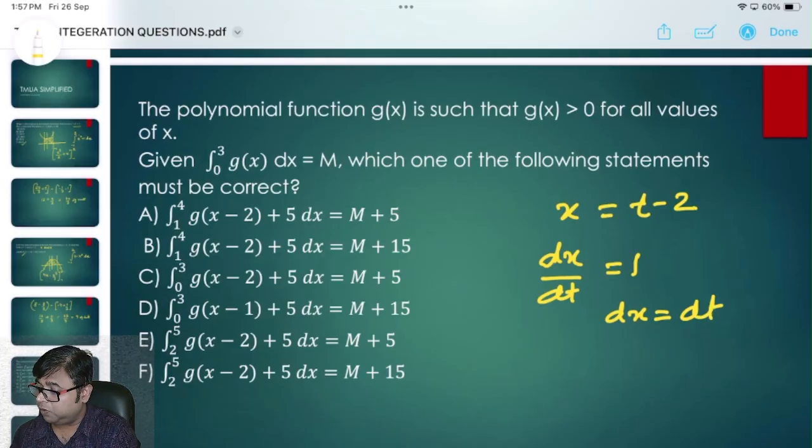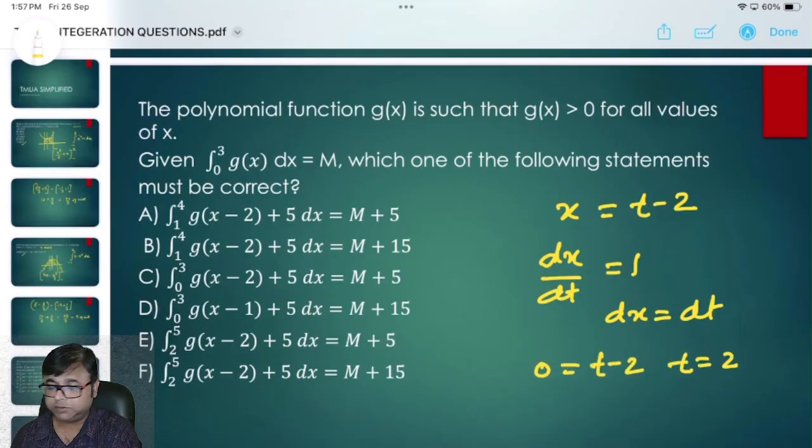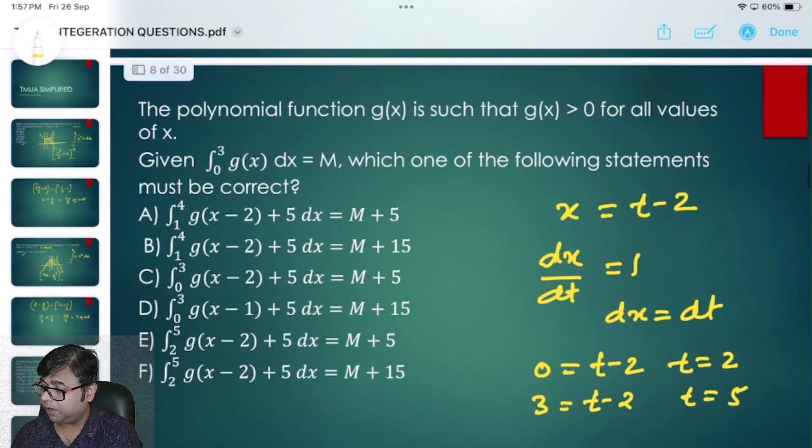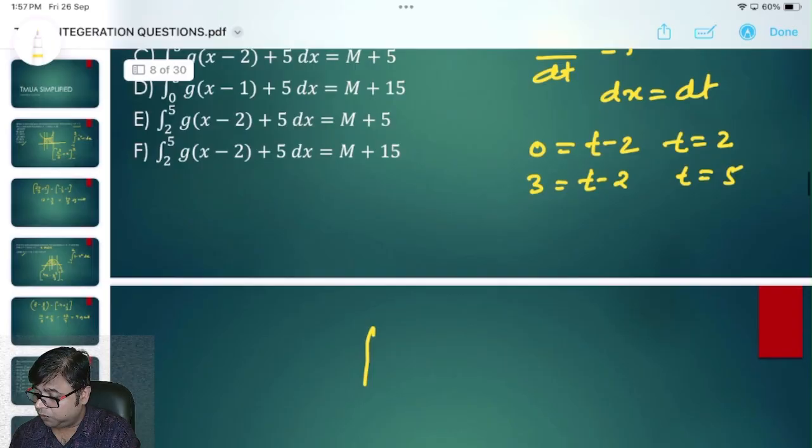Now, if I put the lower limit as 0, so 0 equals t minus 2, so t will be 2. This is the lower limit for this substitution. And if I put x as 3, the upper limit for this substitution becomes 5. So 2 to 5 of g of t minus 2.